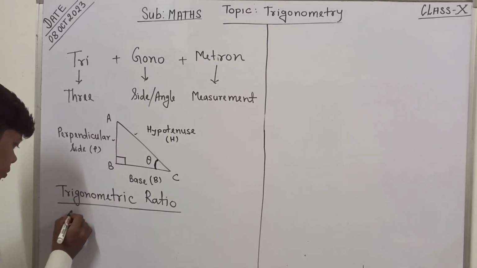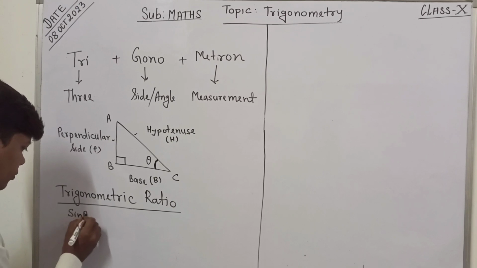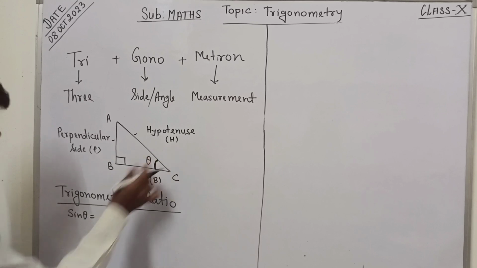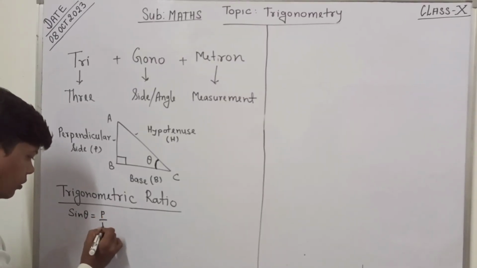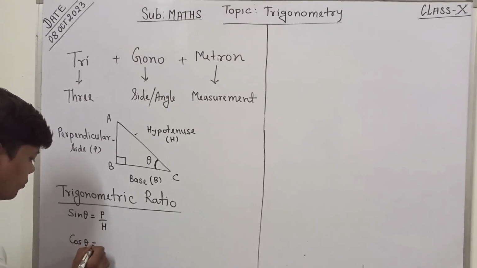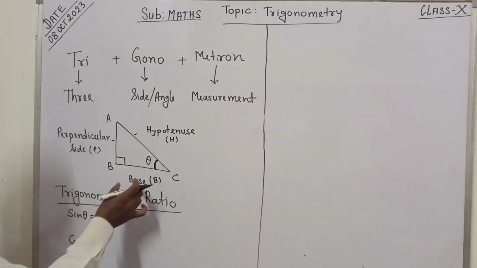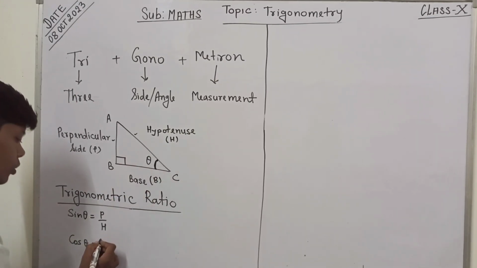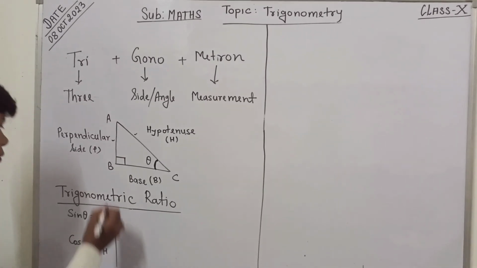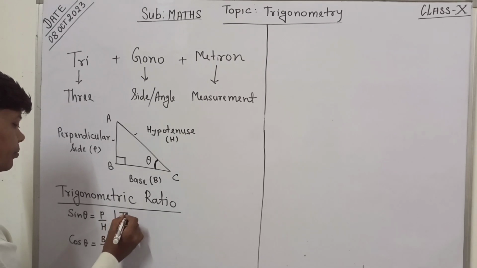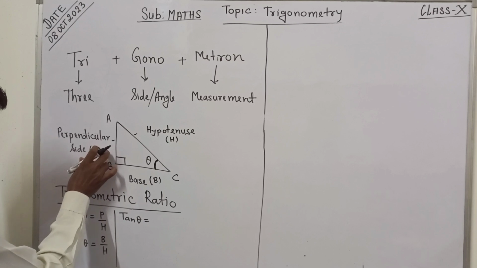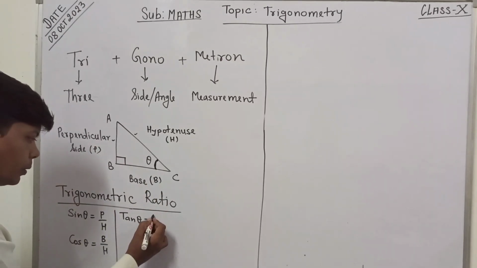Sin theta is the ratio of perpendicular side and hypotenuse, so this will be P upon H. And cos theta is the ratio of base and hypotenuse, so this will be B upon H. And then tan theta is the ratio of perpendicular side and base, so this will be P upon B.